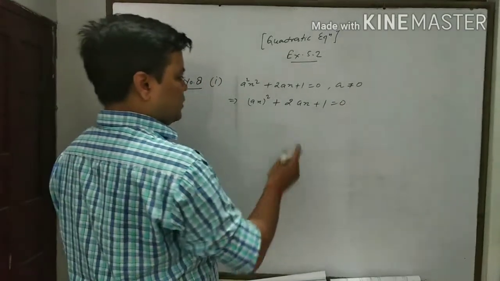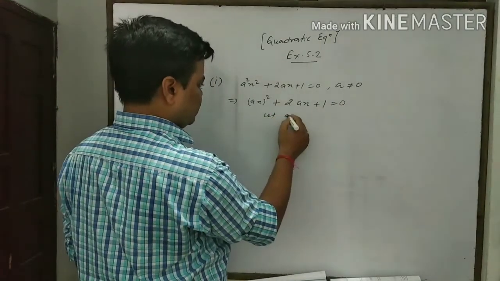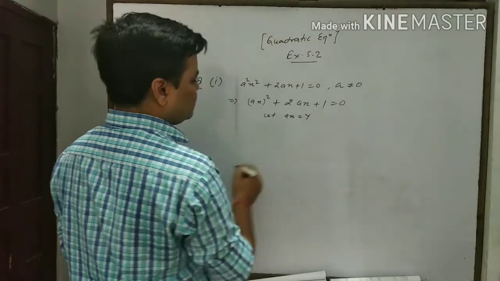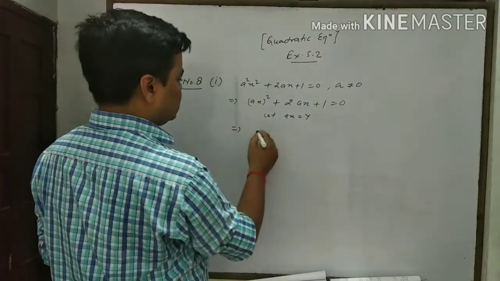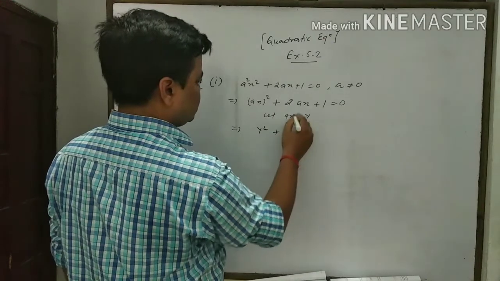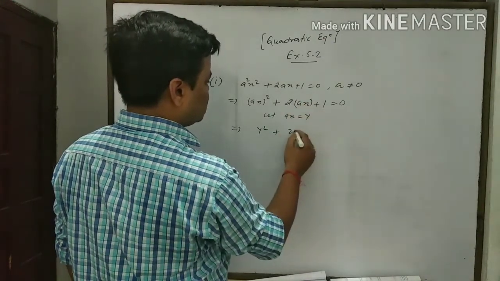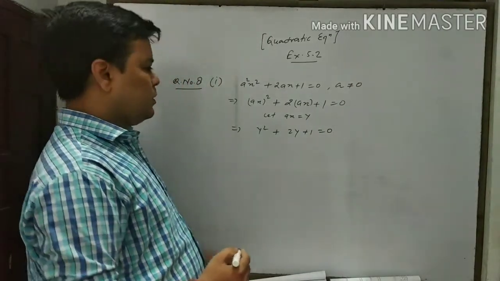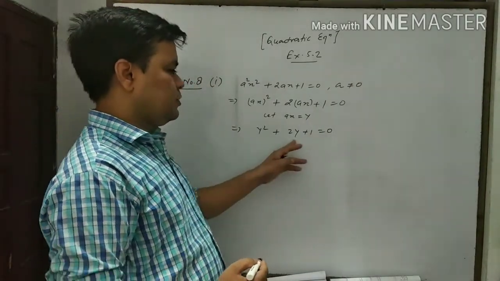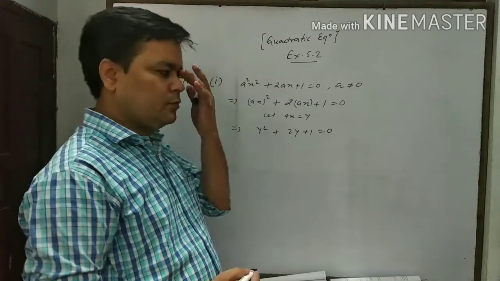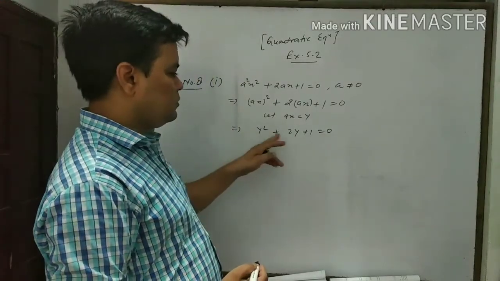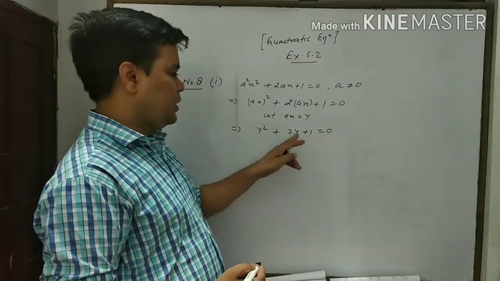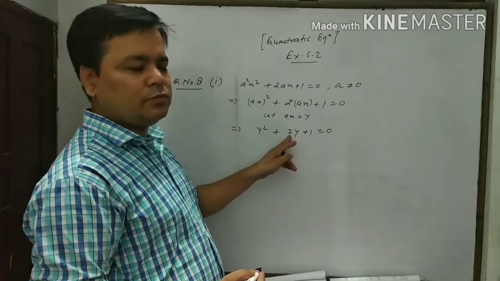Now let ax be equal to y, then it will be y square plus 2y plus 1 is equal to 0. Now this is in the form of ax square plus bx plus c is equal to 0, where a is 1, c is 1, and here b is 2.